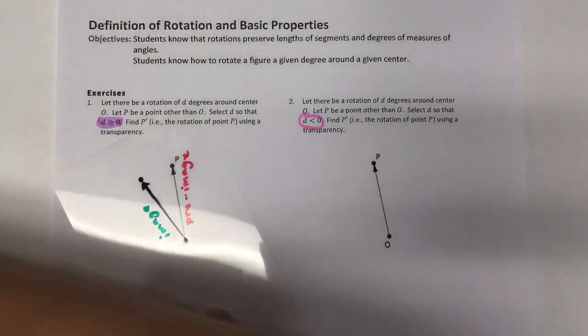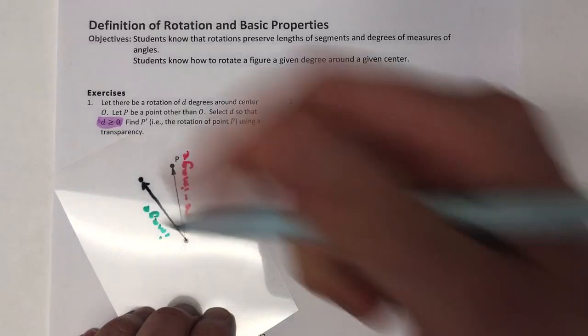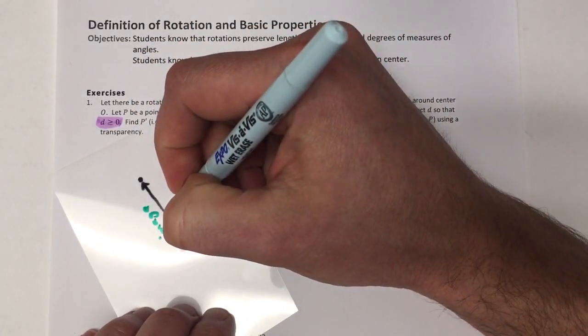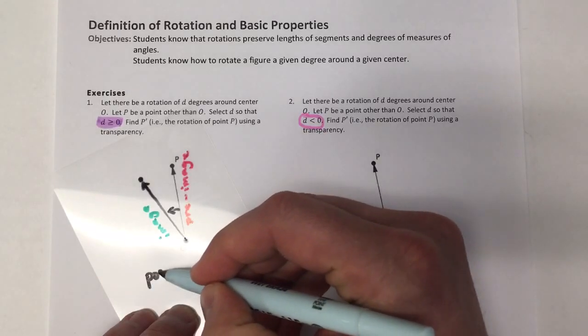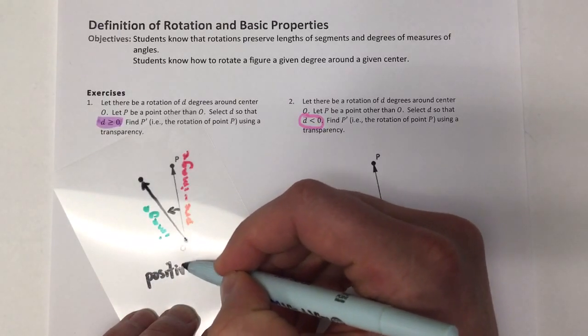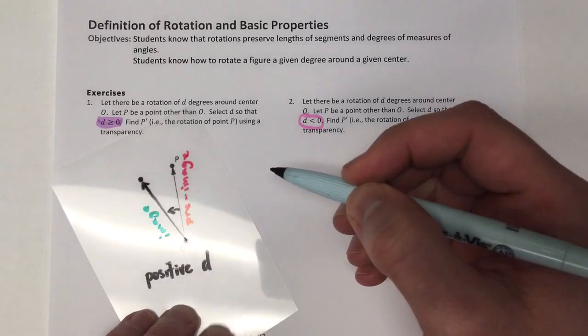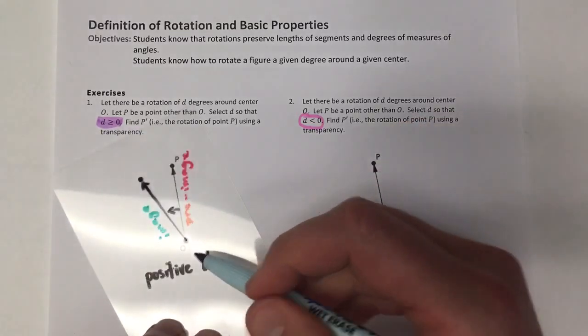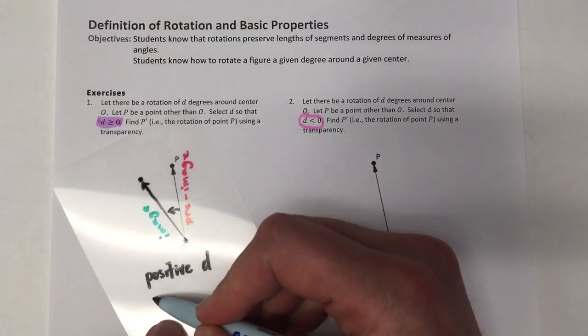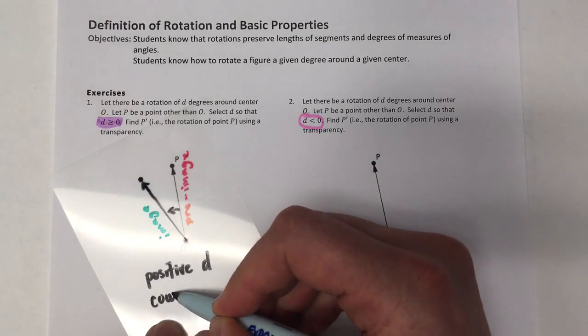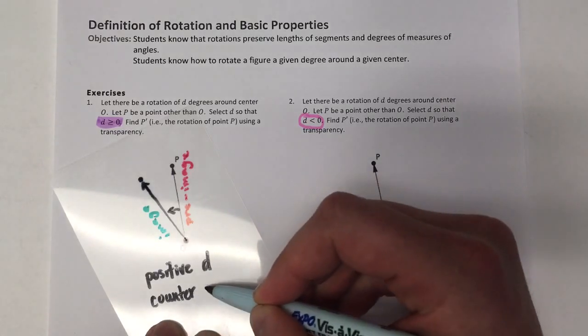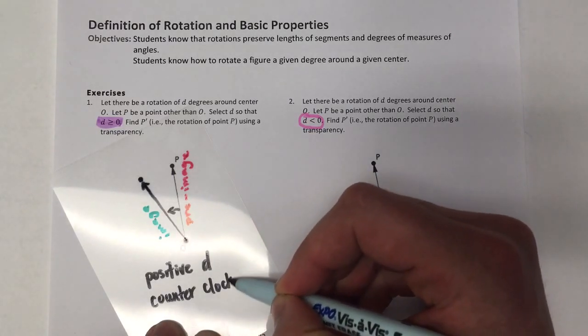The direction stated that we needed a positive D, and what I want to point out is that with a positive D, we actually rotated the image counterclockwise.